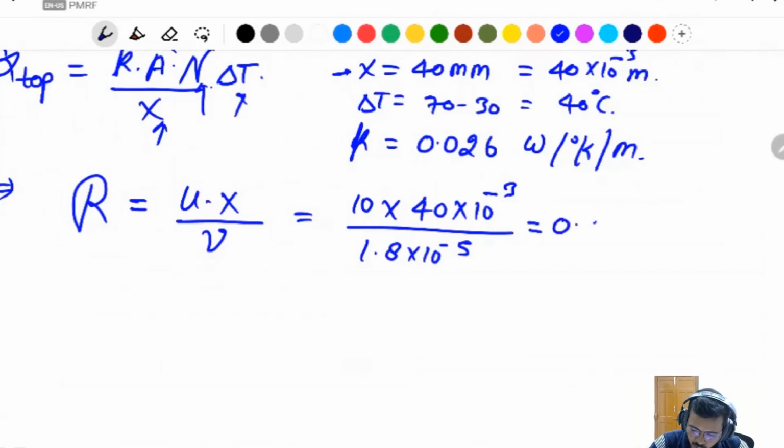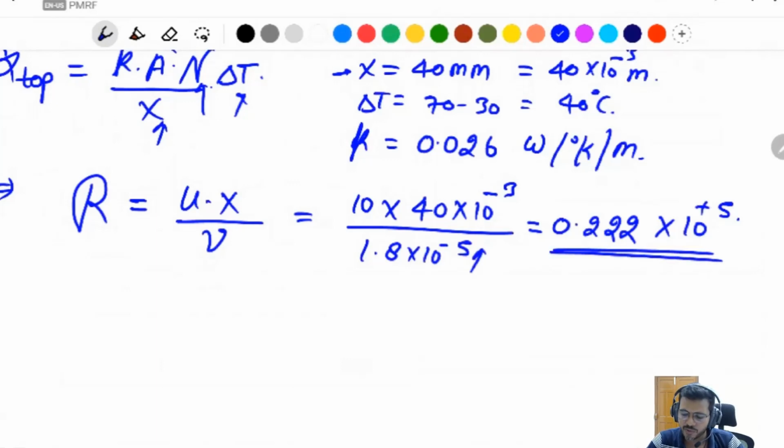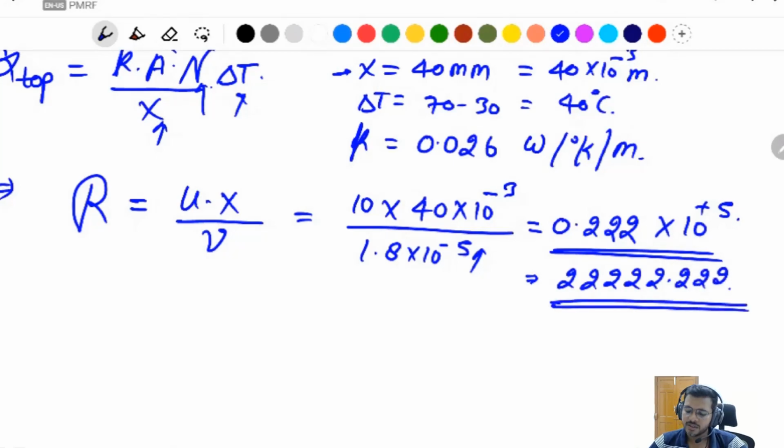This will be 0.222 into 10 to the power 5. The 10 to the power minus 5 goes to the upper side. This is 0.222, or you can say this will be 222,222, the whole number.